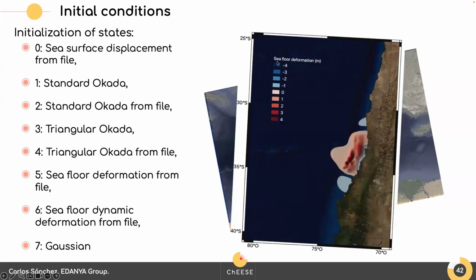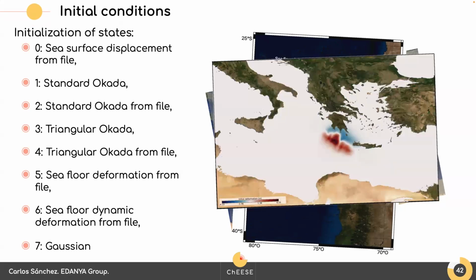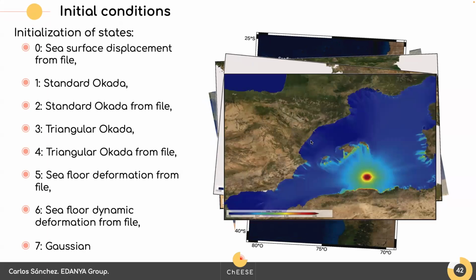We have just talked about the seafloor deformation. You can provide a GRD file with the accumulated deformation, static or dynamic deformation, multiple Okada, only one segment Okada, standard Okada, Gaussian initial condition.